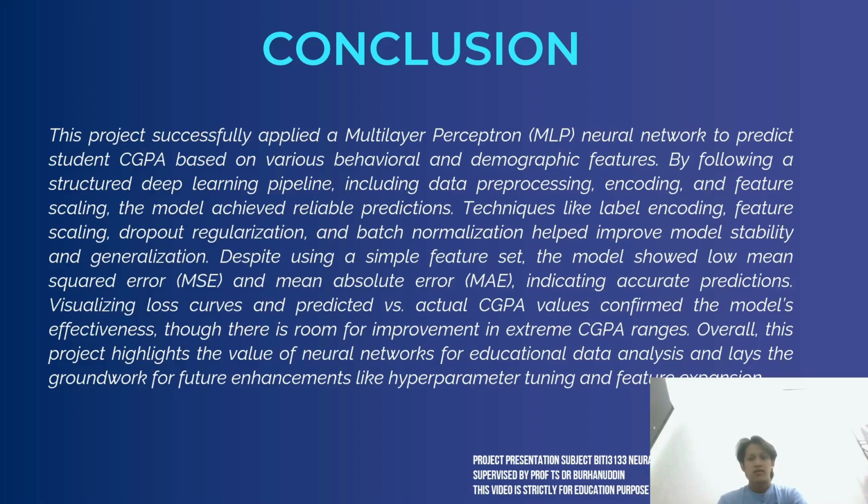Techniques like label encoding, feature scaling, dropout regularization, and batch normalization help us improve the model's stability and generalization. Our model was evaluated using metrics like MSE and MAE to indicate prediction accuracy.